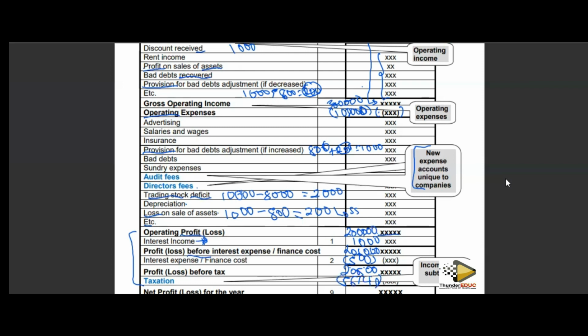Now, we get our net profit after paying what? Tax. After paying tax, so that one minus 200,500 minus 56,140, we shall get 144,360.